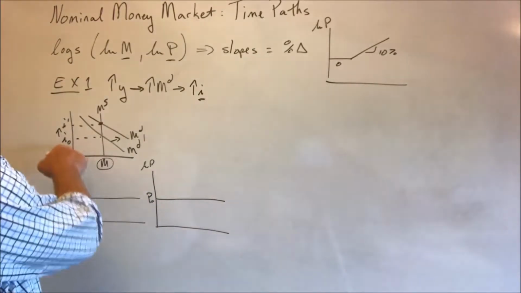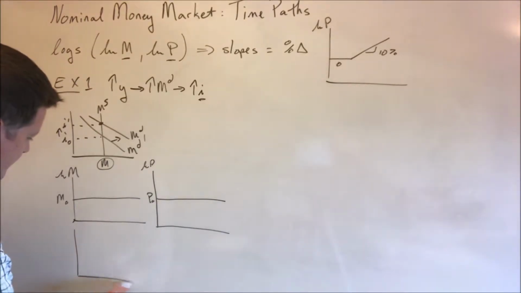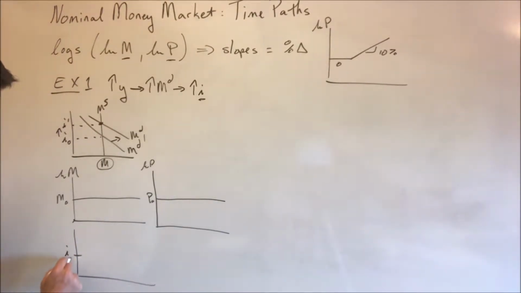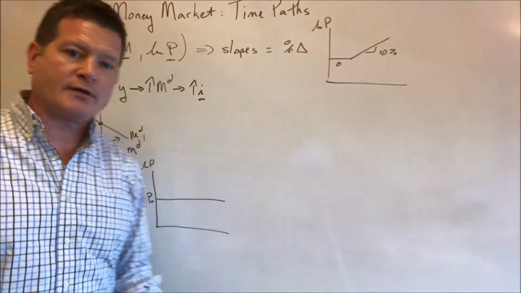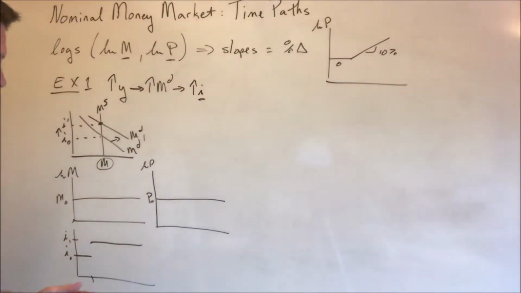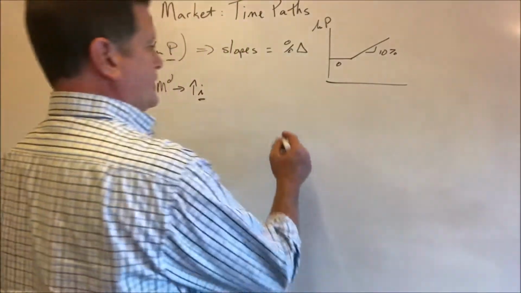The one that did change was the interest rate. And for the interest rate, we can see it was here and it's jumped up. So we started here, and then at some time money demand increased and the interest rate just jumped up. Quite a boring drawing, quite boring analysis, but technically we've now done time paths.